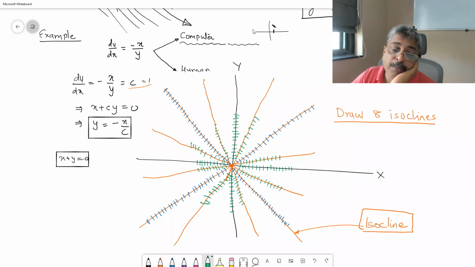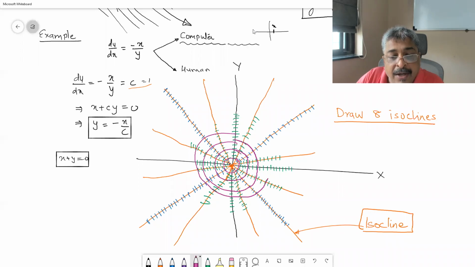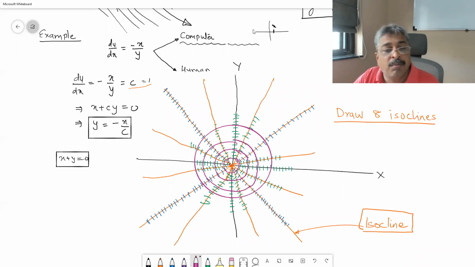At every point the curve is coming and the tangent is making sure that the curve will not intersect that point and it will go tangential to that point. So if you look at it, this is going to be a circle and there will be concentric circles, which will be visible the more isoclines you draw.